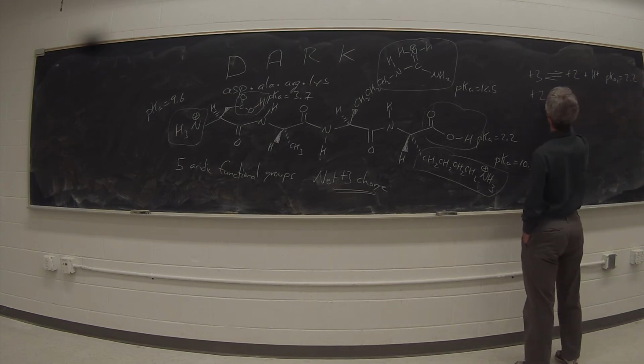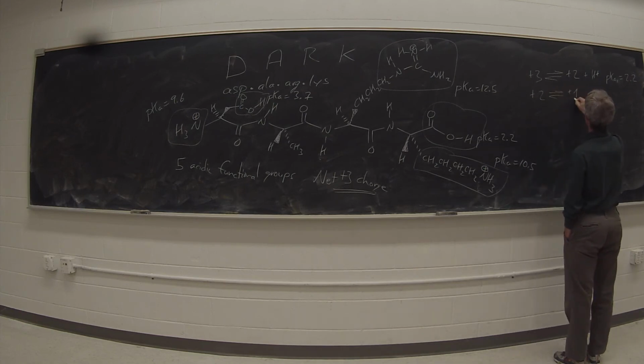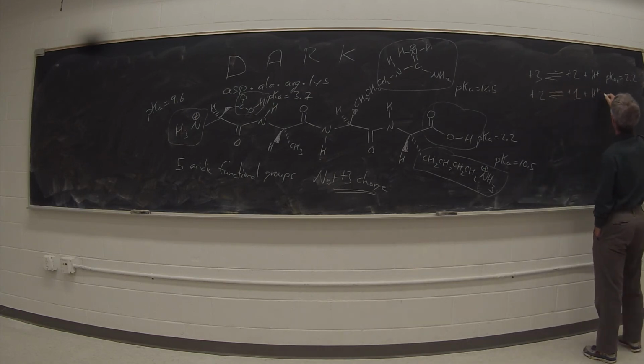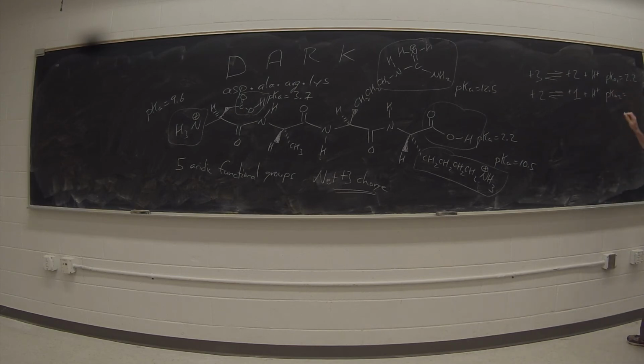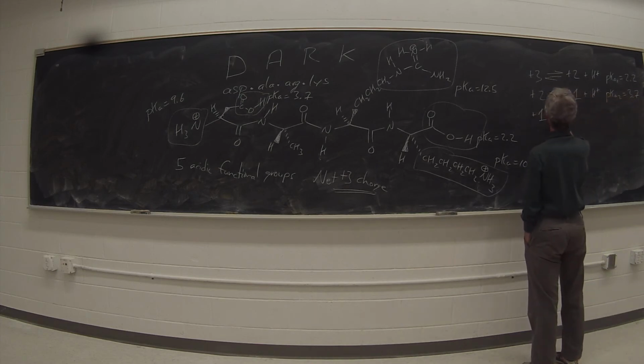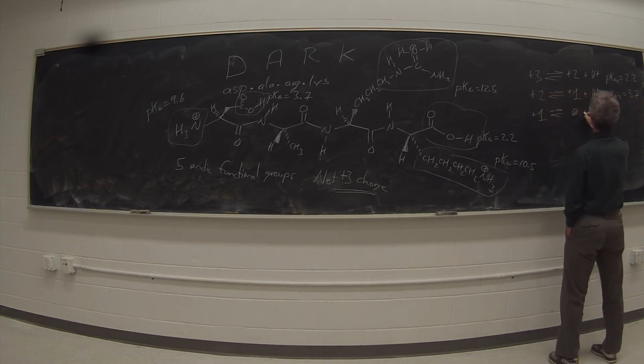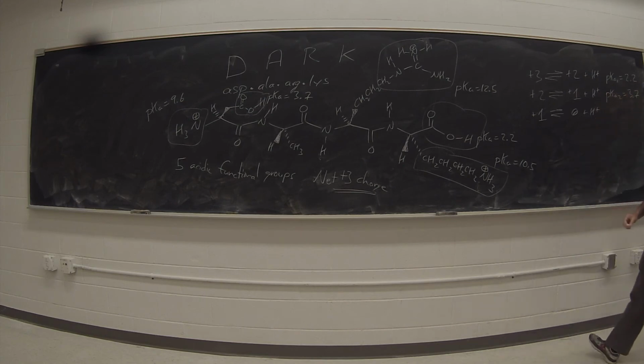The +2 species will lose a second proton to become a +1 species, and pKa2 is equal to 3.7. The +1 species can then lose another one, become the neutral species and H+, and pKa3 is going to be 9.6.